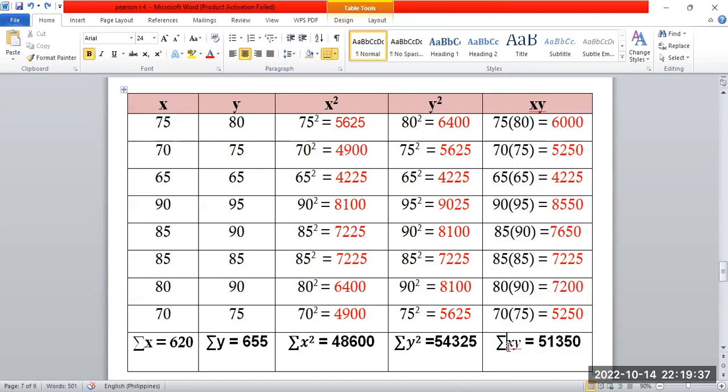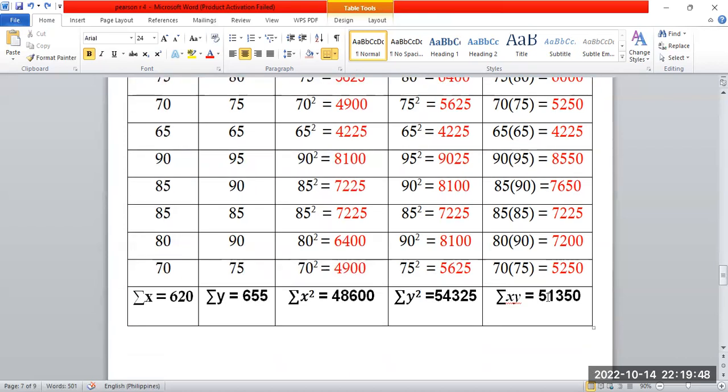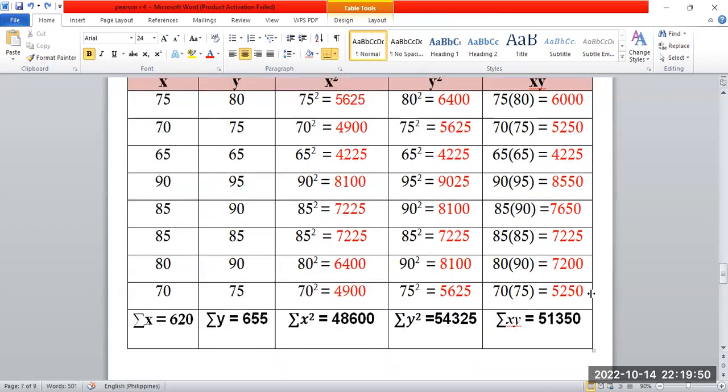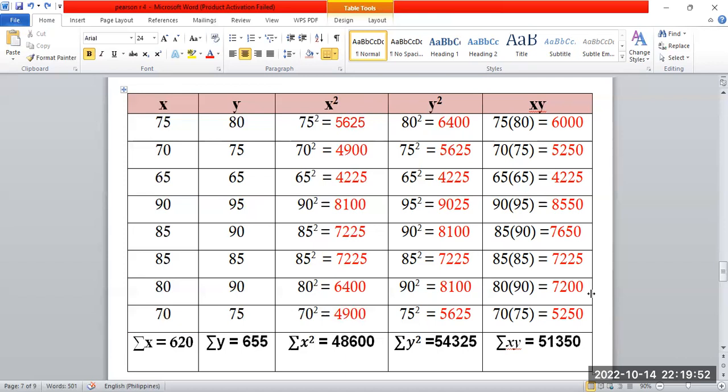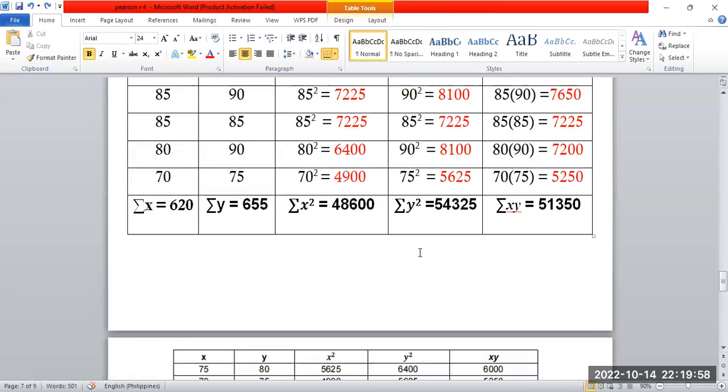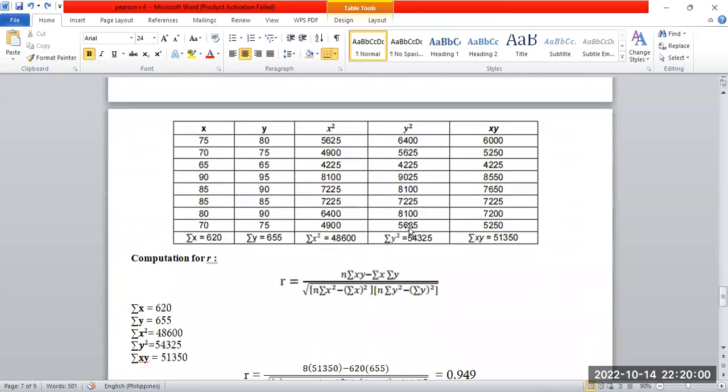And that is the summation of x times y, or the product of x times y, that is 51,350. And no need to put actually this solving process in pag-multiply. You can actually put just the final answer, and this is the table for that.